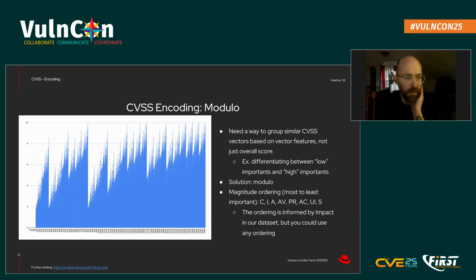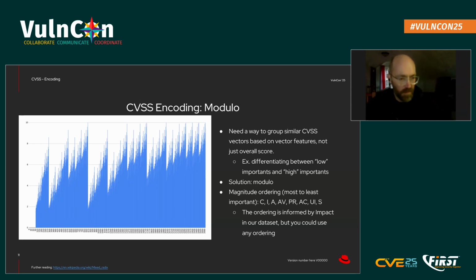So this is our way of ordering CVSS. And you can see on the x-axis here is the index that we've assigned to each of these CVSS vectors, and the y-axis here is the total score.